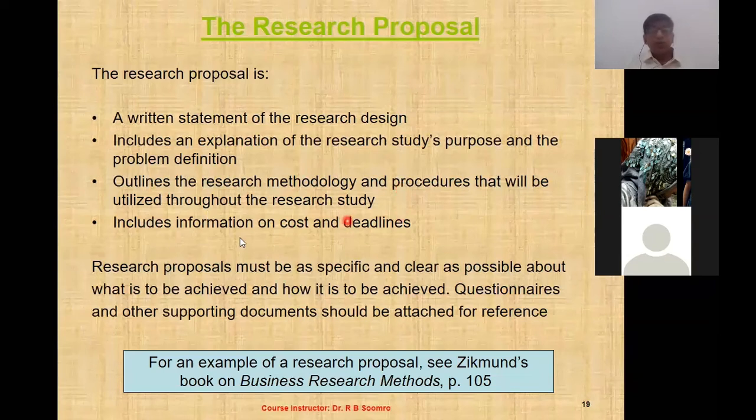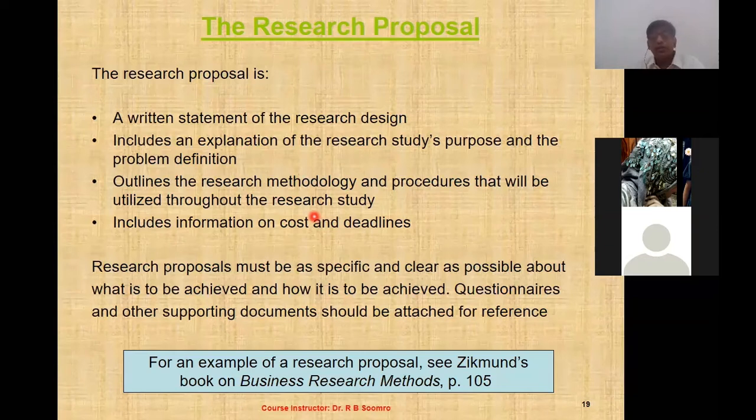Okay, include information on cost and deadlines. These are two important things. You know that there is no free lunch in the world. So if you want to carry out one research, this research also needs some cost: in terms of money, in terms of time, in terms of effort, you need a certain cost, and deadlines.